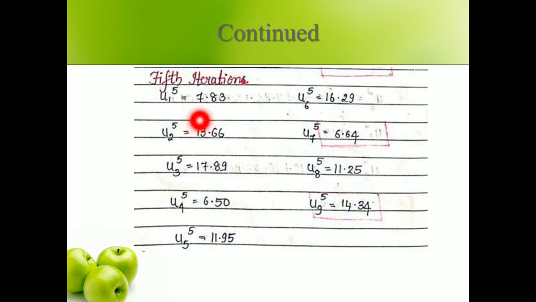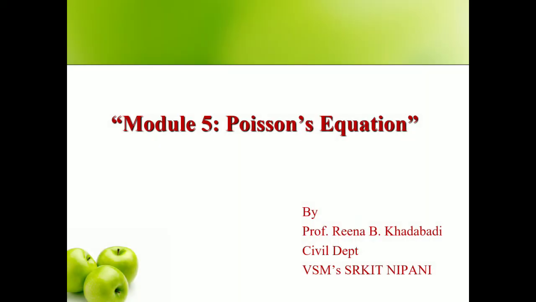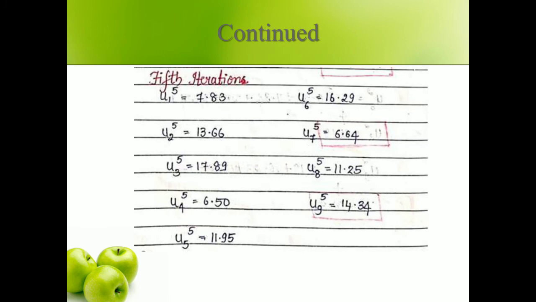I have continued for the fifth iteration, that is u1 is equal to 7.83, u2 is equal to 13.66, u3 is equal to 17.89, u4 is equal to 6.50, u5 is equal to 11.95, u6 is equal to 16.29, u7 is equal to 6.64, u8 is equal to 11.25, u9 is equal to 14.34. Now you can stop the iteration here itself, and your values of u1 to u9 will be these values itself.